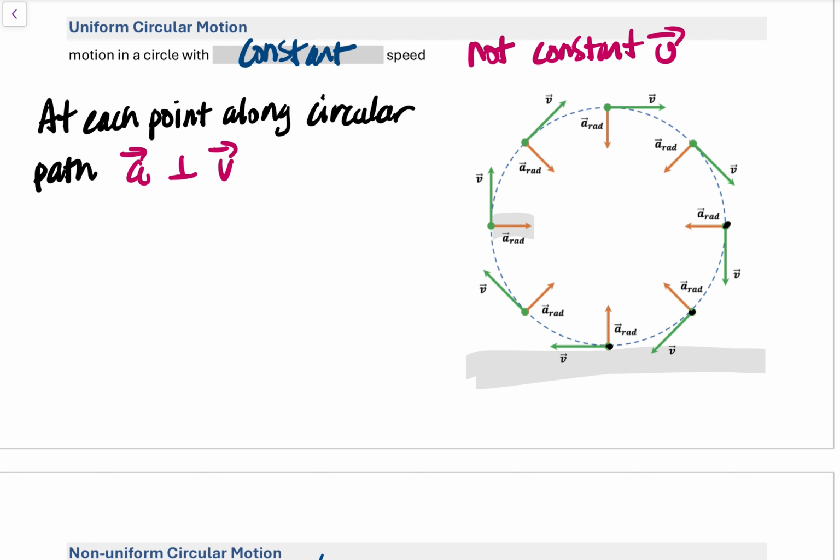In light of what we talked about previously, this is a perpendicular, so there is no a parallel component. So a parallel throughout the entire circular path is always 0. I'm going to put a little note here: a parallel is always 0 if we're going in uniform circular motion.